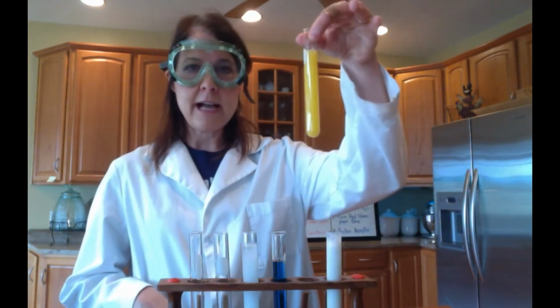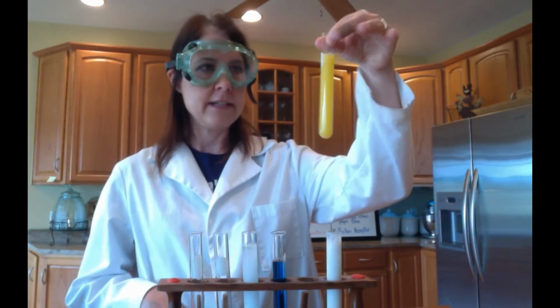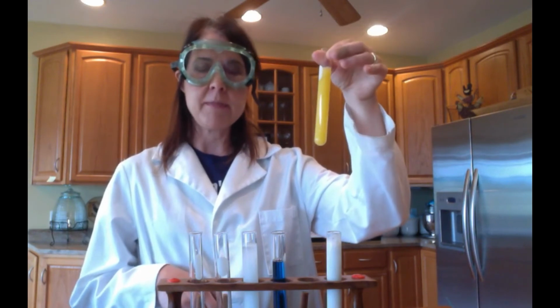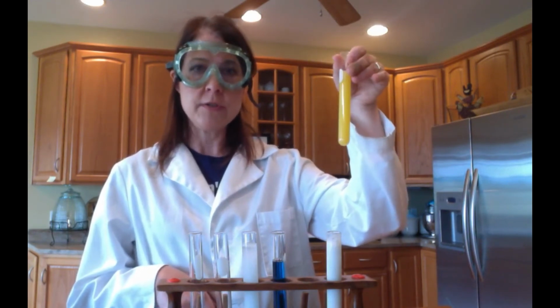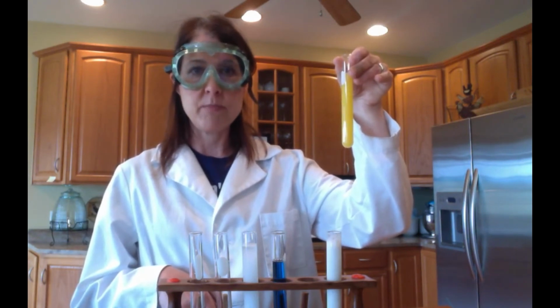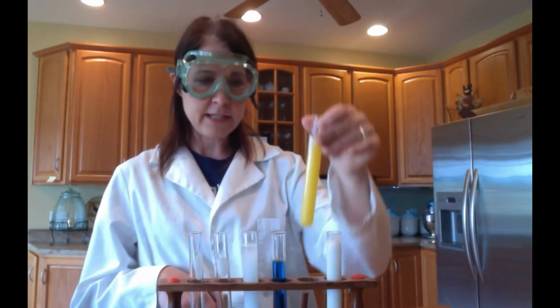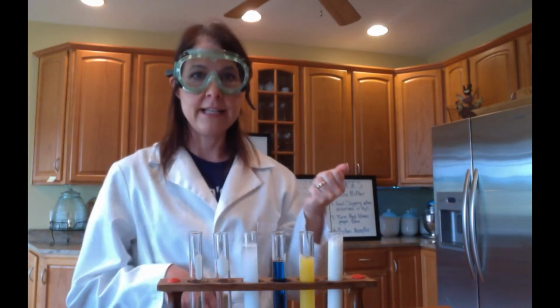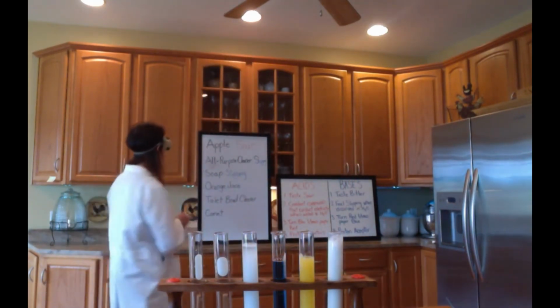The next common household substance that I have in this test tube is orange juice. Now, if you think about when you drink orange juice in the morning, does it taste sour or does it taste bitter? That's right, it tastes sour. So we know that one of the characteristics of an acid is that it tastes sour.